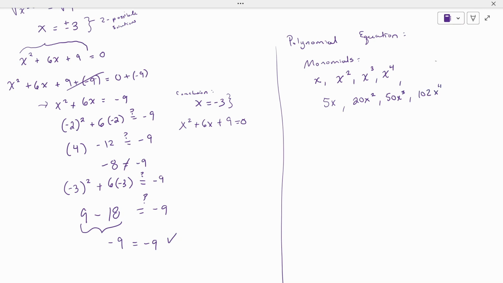These are all monomials. And one of the interesting aspects of monomials is it doesn't matter whether there's a number that is out in front, what we call a coefficient, of the polynomial.